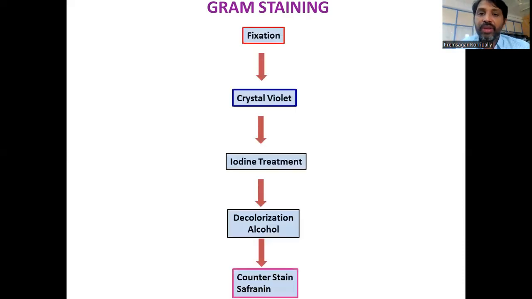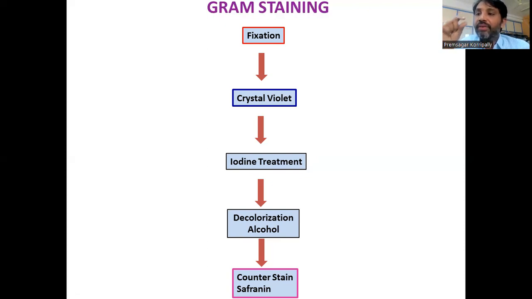So gram staining has 5 steps. The first is fixation, then addition of crystal violet, then a mordant, fixing the primary color with iodine treatment, then decolorization with alcohol or acetone, and addition of the counter stain. In this procedure, you have to be very careful about the age of the sample. If you take an overnight culture of bacteria, you usually get accurate information.